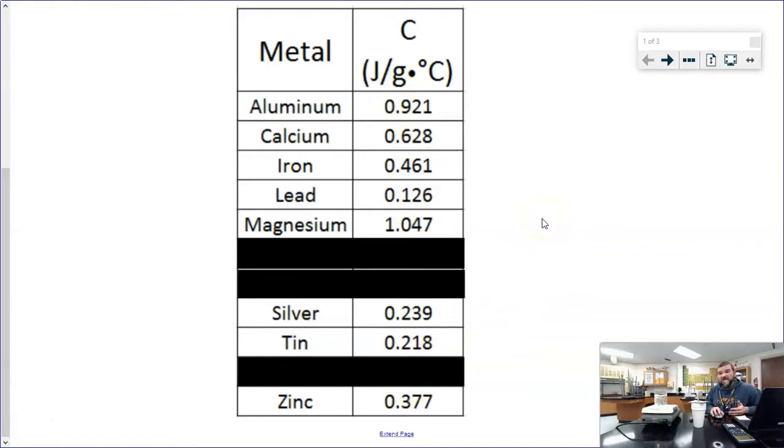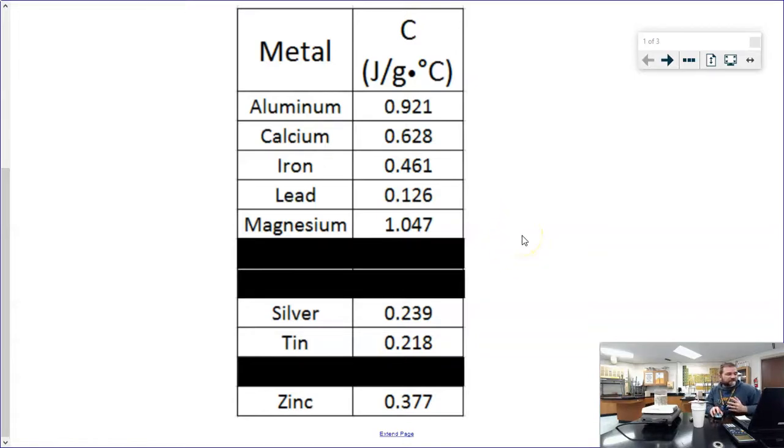Now, this lab doesn't give phenomenal data. It gives okay data. And I just ask that you try your best to take a look at the list, see what we get from our data, and try to make a comparison. Okay? We'll see how the data turns out, and I'll give you maybe some warnings if we need to warn you about some poor data.